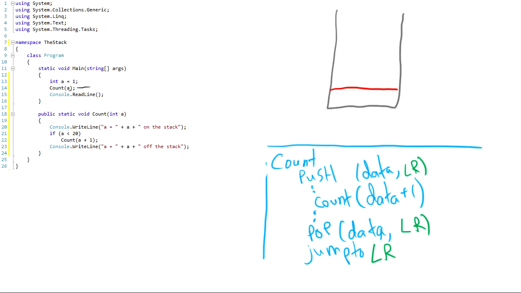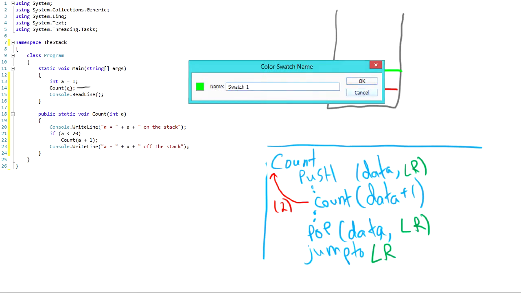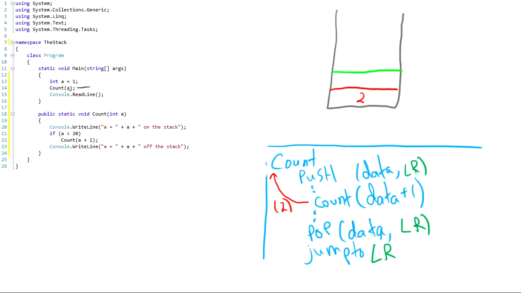So it comes back here and passes in the number 2. The number 2 gets put on the stack. Then we come up here, and it says push that data, which is 2, onto the stack. There should actually be a 1 here, and then 2 goes here.